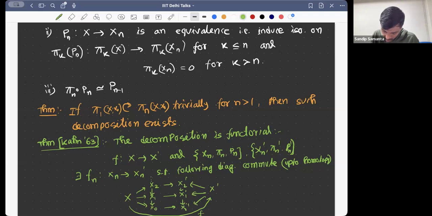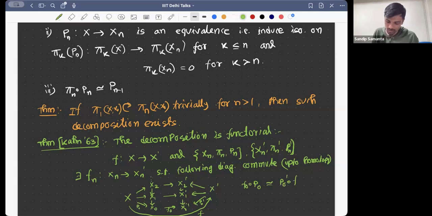If I just look at the bottom, this is p0, this is f0, this is p0 prime, then it says that f0 composed with p0 is homotopic to p0 prime composed with f.